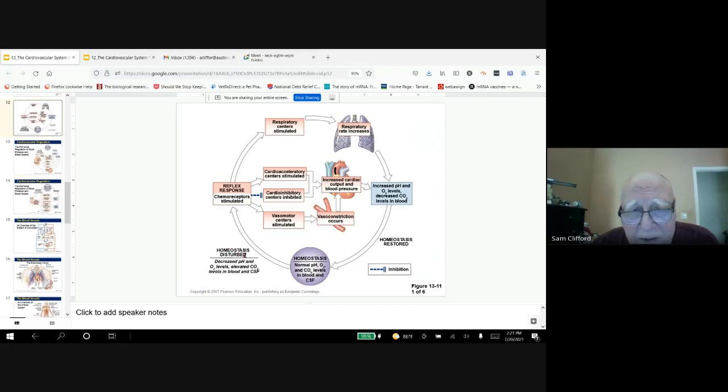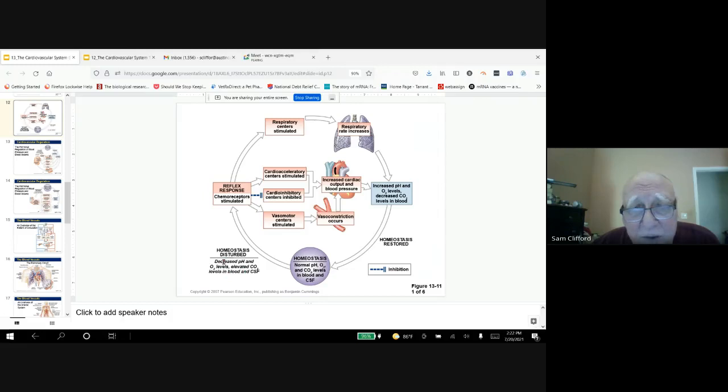So let's do that again. Suppose we have decreased pH and oxygen levels and elevated CO2. You have to remember, when the amount of CO2 goes up, the pH goes down, becomes more acid.